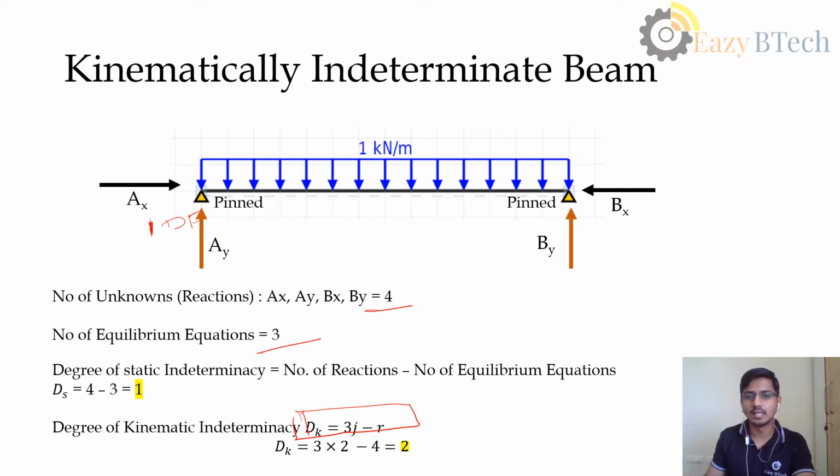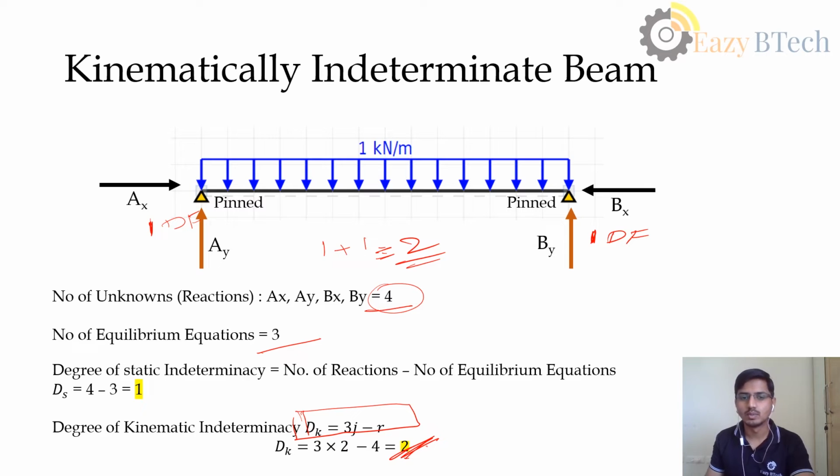The same thing at this end: it is a pinned end, so we get 1 degree of freedom. So the sum of 1 plus 1 gives me 2. Even if we substitute the same values in 3j minus r, with 2 joints and 4 reactions, we get 6 minus 4, which is 2.